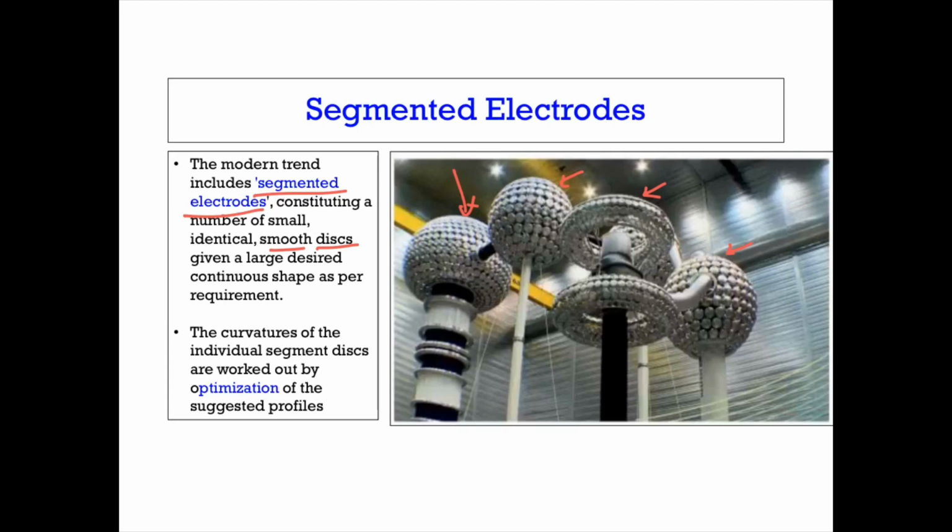By combining all these small discs, a big spherical structure or toroidal ring or hemispherical structure can be formed, and all these small elements of this high voltage equipment are worked out by using suitable optimization method, because the shape of all these small segments should be such that the resultant body is very smooth and it is able to produce uniform electric field in the nearby region, and then electric field is not concentrated, which may otherwise result into breakdown with nearby structure, that is with wall or with other equipment or with the roof.